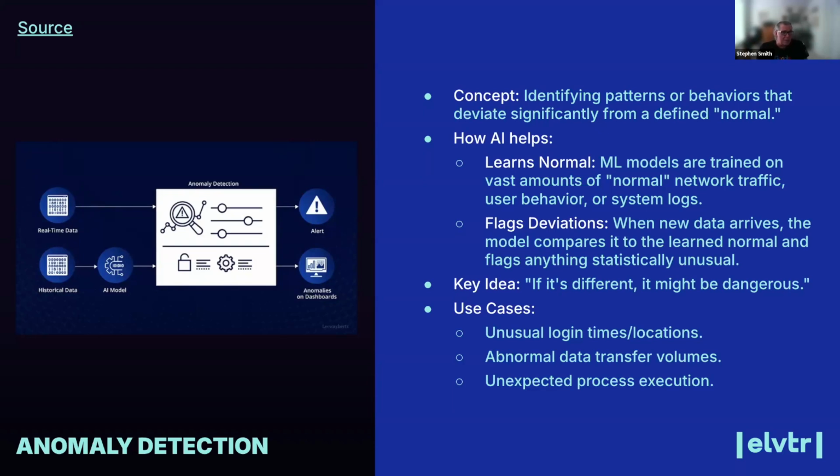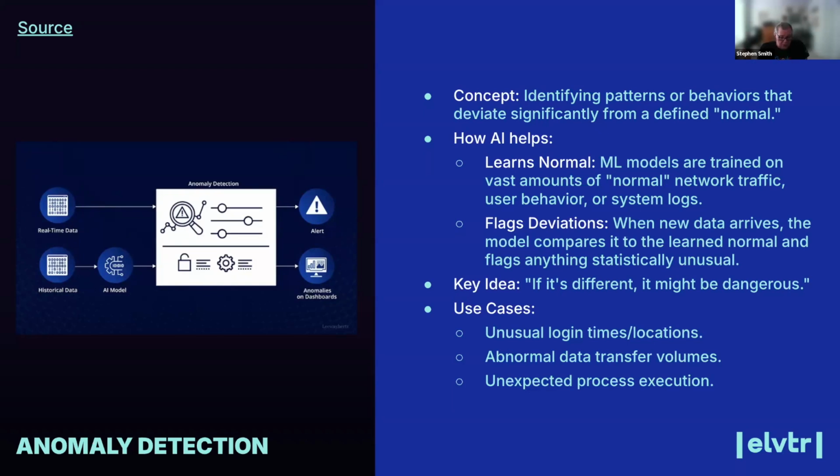Let's say a database admin usually accesses 10 to 50 records a day, and they access 50,000. That's something you would want to know about. Application behavior, let's say that application uses 50 megs of RAM and now it's using 500 and making network connections. We would probably want to know about that. So these are all things that we can do with anomaly detection.